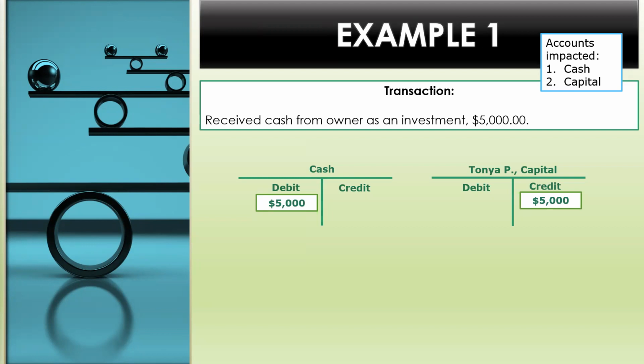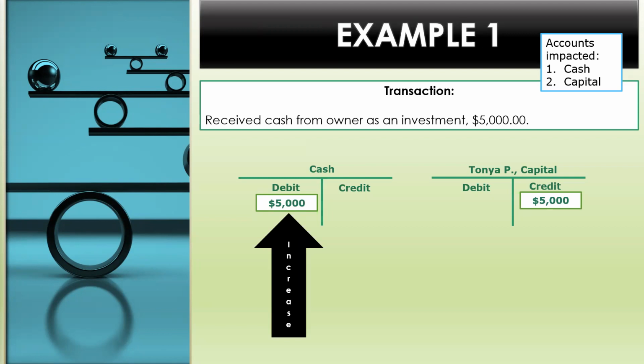Example 1, the first business transaction we have is received cash from owner as an investment in the amount of $5,000. This business transaction impacts the cash account and the capital account.